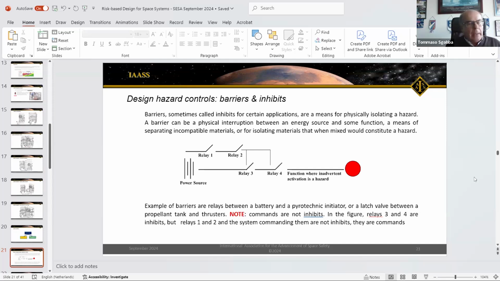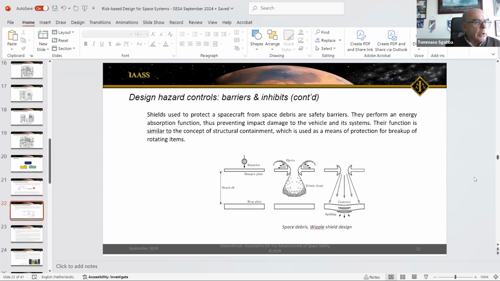Inhibits are basically switches, things that are there to cut power, such that inadvertently you will not be energizing an element, a function, at the wrong moment. In this case, you may have multiple switches, safe and arm, prepare and then trigger, which allow you to make the right decision with this.